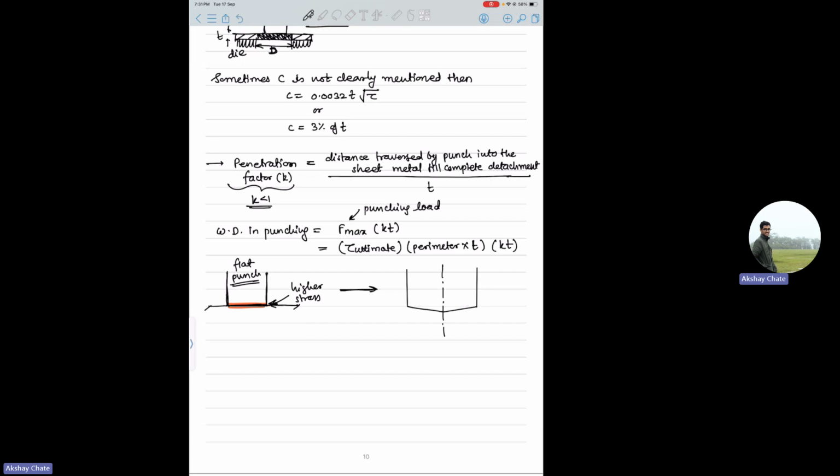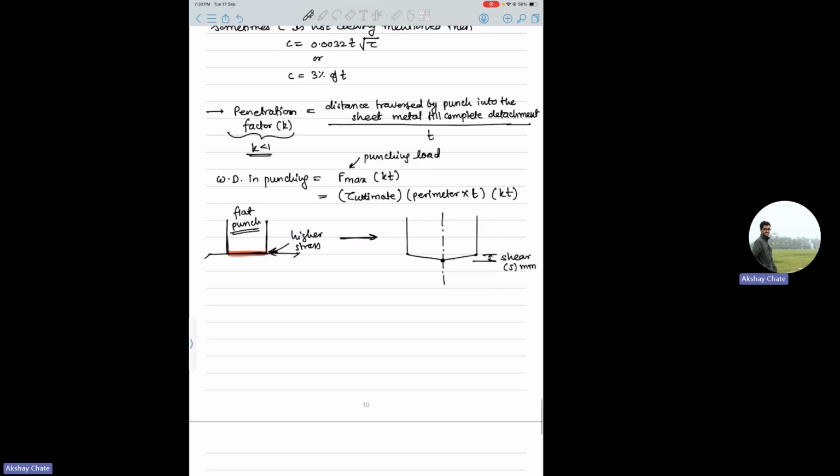What happens here? This point will be first in contact with the workpiece, and then the contact length gradually increases, and then you have full contact with the punch. This height is called the shear, which is S, in mm usually.